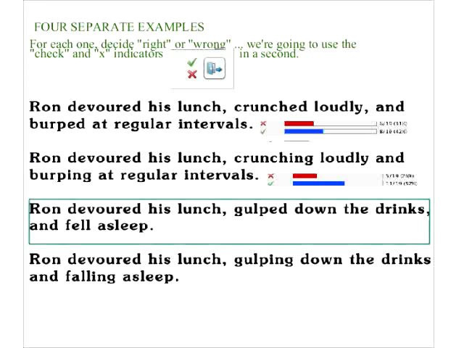How about that one? Go ahead and click red X or green check. Okay, there's an LS, there's a Wendy.